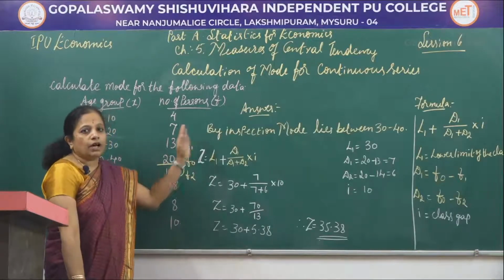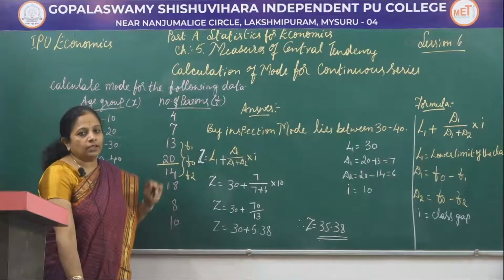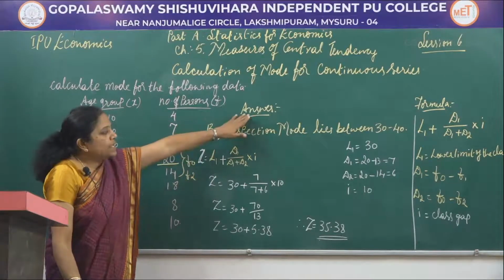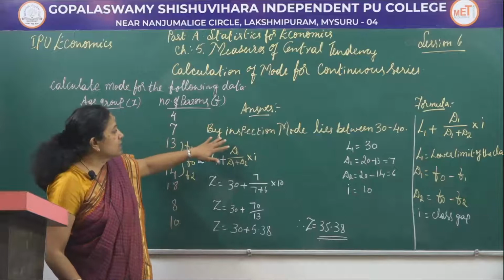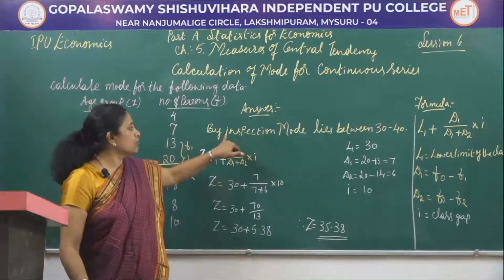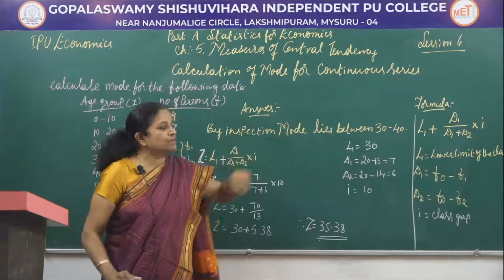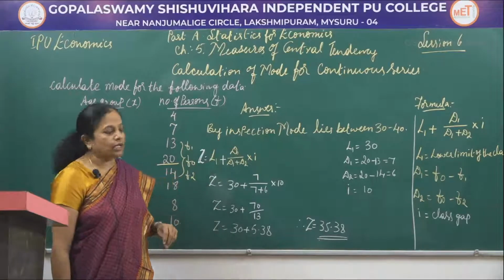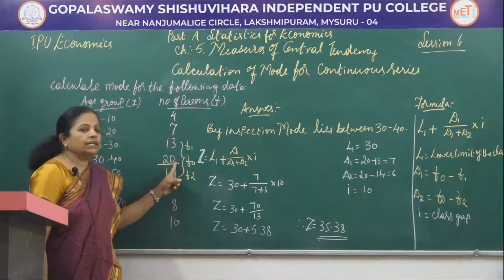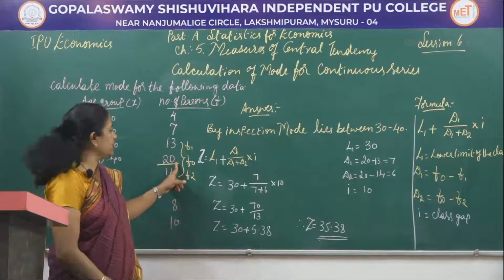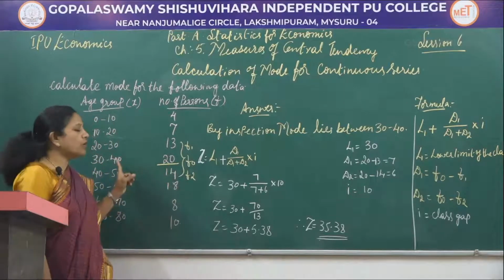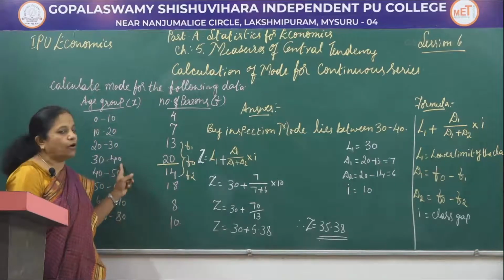Now, let us work out this problem and find the mode. The answer should be like this. First, we should write a sentence that by inspection, mode lies between 30 and 40. The highest frequency here is 20 and the corresponding class is 30 to 40.